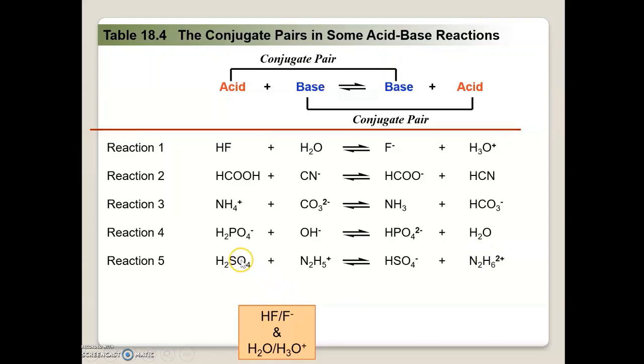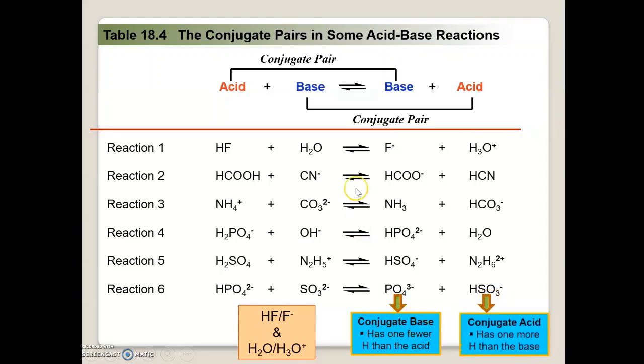Reaction 5. Acid, base, conjugate acid. Acid, base, conjugate acid.